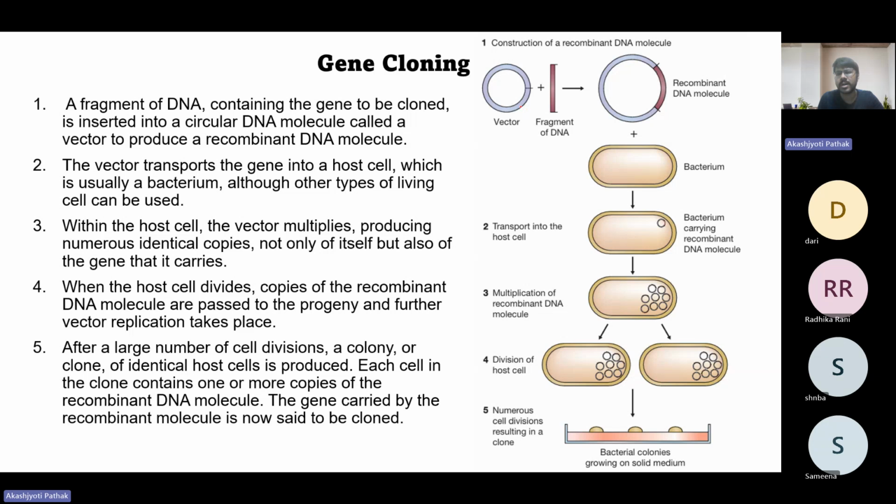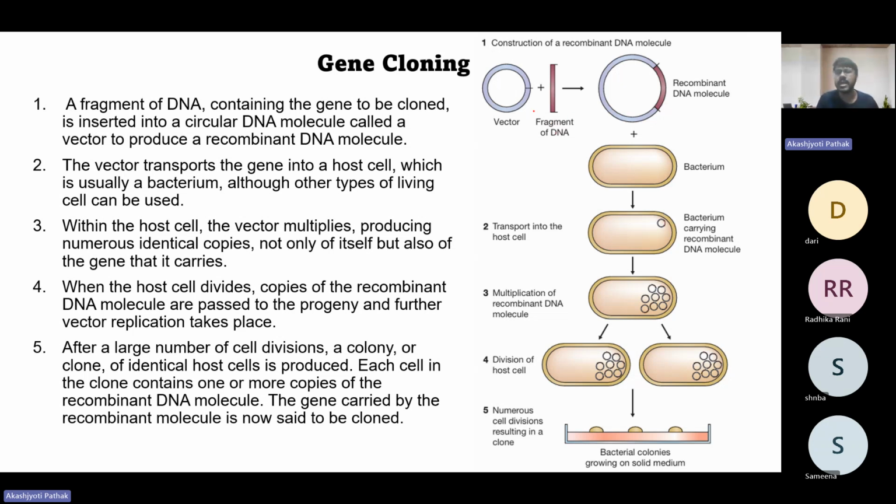This is your vector. From the genome, you cut a fragment of DNA using a restriction enzyme, and then you cut the vector with the same restriction enzyme. In the next lecture, we will see the different restriction enzymes and all these concepts, but here we are starting with the basics of cloning first.